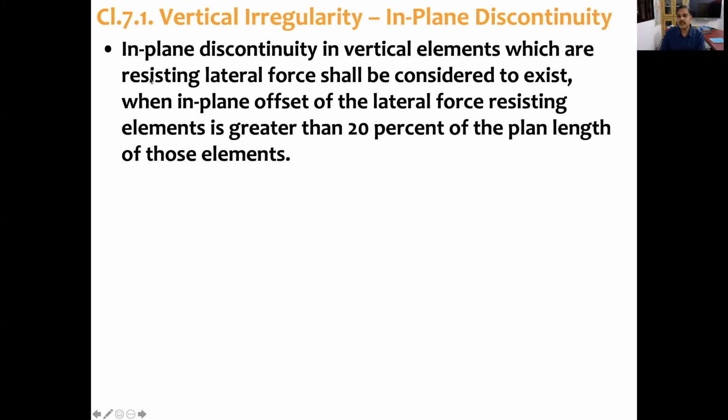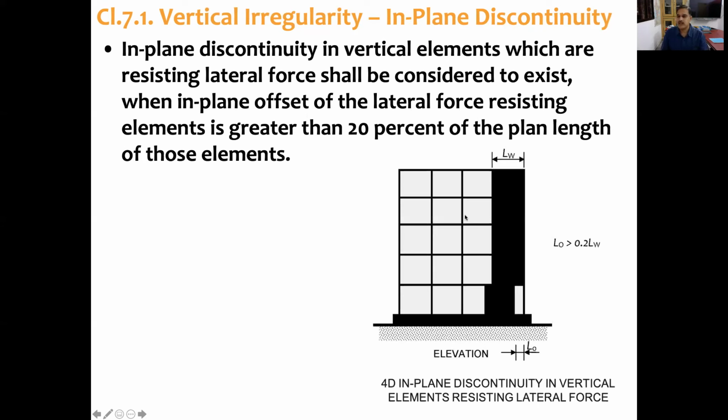So what is this in-plane discontinuity? In-plane discontinuity in vertical elements which are resisting lateral force shall be considered to exist when the in-plane offset of the lateral force resisting element is greater than 20% of the plan length of those elements. Let's take this as a shear wall, and here on the top the length of the shear wall is given.